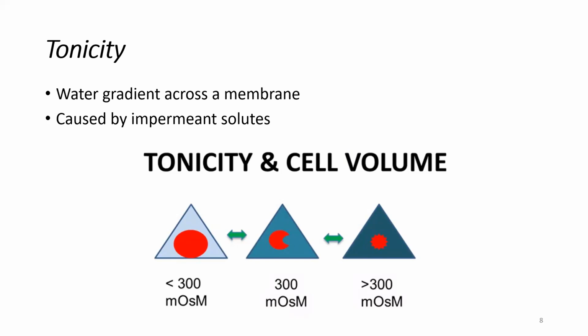Okay, osmolarity looks at all the solutes present in either solution. So we can also talk about a hypertonic solution, which has an osmolarity greater than 300, or a hypotonic solution, which has an osmolarity less than 300, and then an isotonic solution has an osmolarity that is the same as our cells, or 300 milliosmoles.